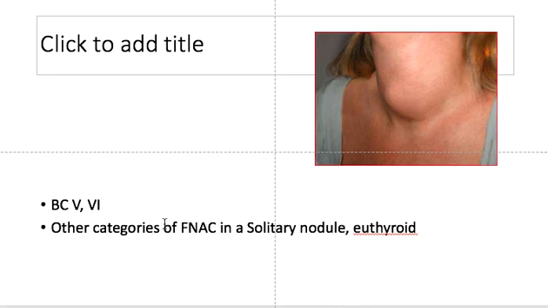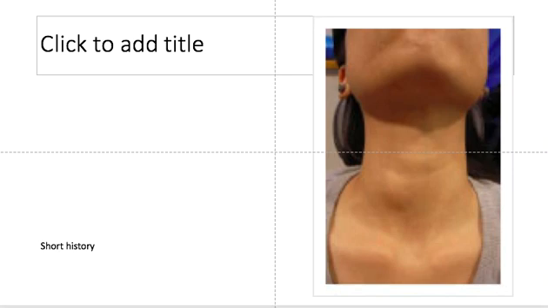Now, we just discussed the other categories of FNAC in a solitary thyroid nodule, euthyroid. Now, it's important to remember, in a patient with a solitary nodule of the thyroid and euthyroid, the primary determinant of the management is the FNAC.